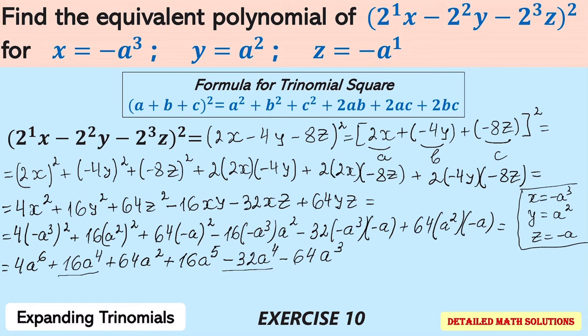When I do that and then write the polynomial in a standard form, I get 4a to the 6th power plus 16a to the 5th power minus 16a to the 4th power minus 64a cubed plus 64a squared. I can't simplify this polynomial any further, therefore, this is the final answer for this exercise.